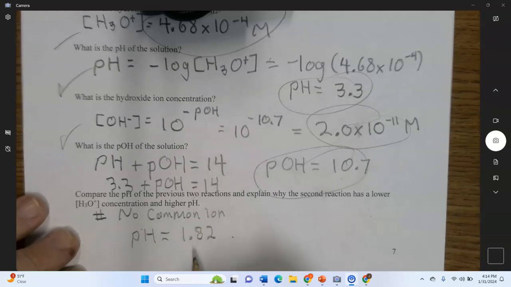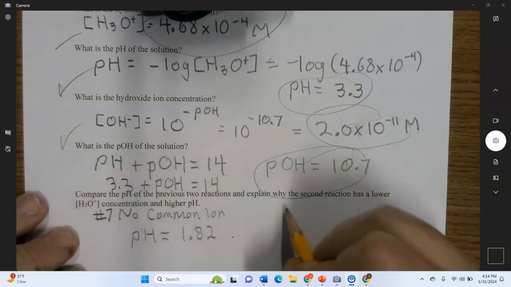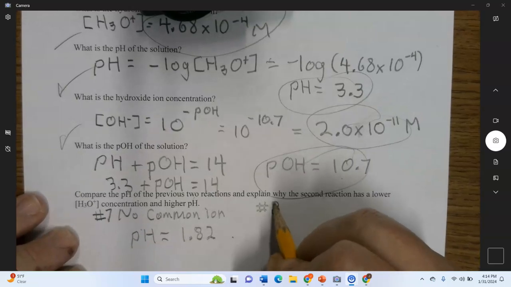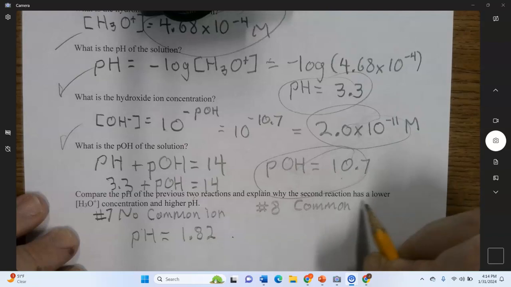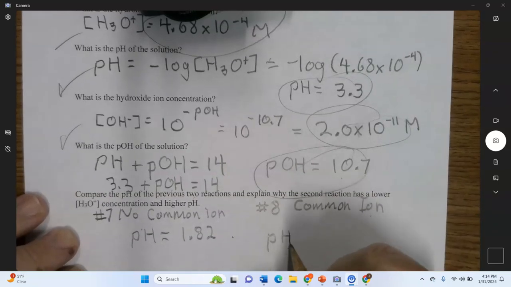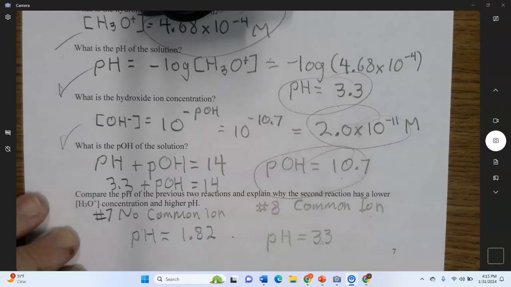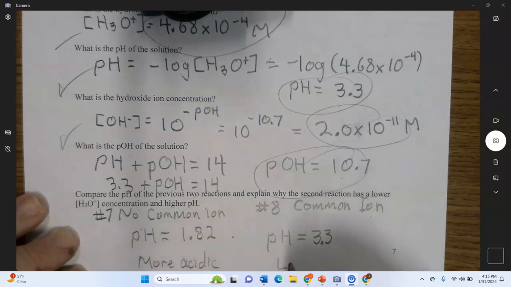Remember, the lower the pH, the more acidic the solution. For number 8, when we had the common ion, we ended up with a pH right here of 3.3. So a higher pH means less acidic. Lower pH is more acidic. So this is more acidic, and this is less acidic.